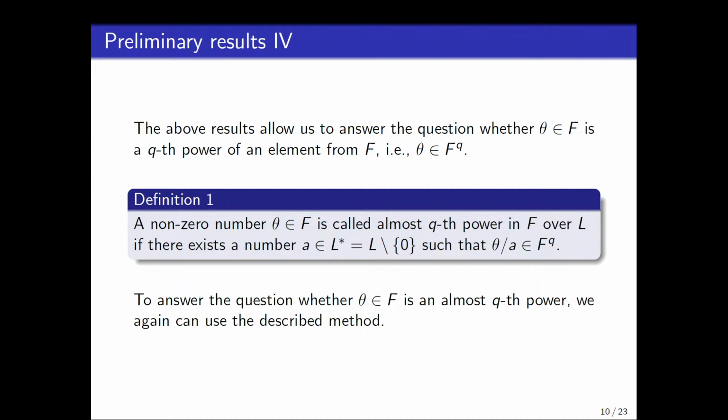And theta is called an almost Q's power in F over the initial field L if there is a number A from L minus 0, which is the multiplicative group of L, such that theta is a Q's power of A up to some constant coefficient.